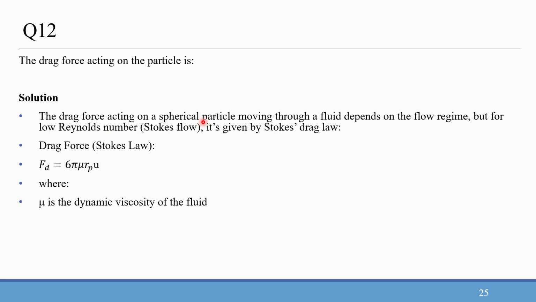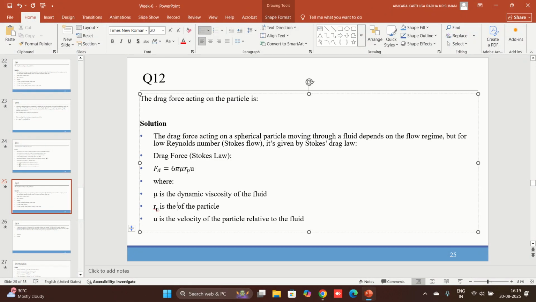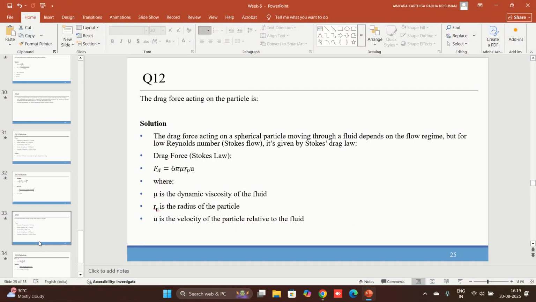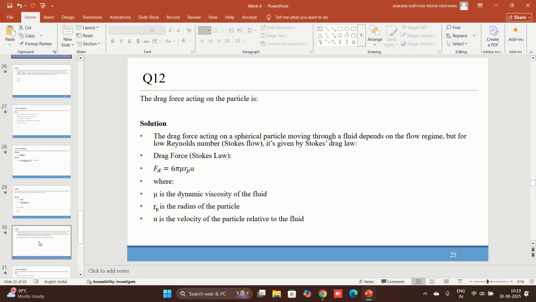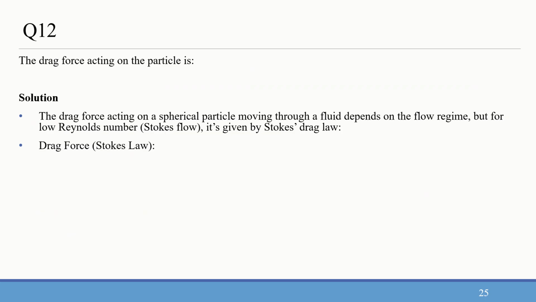Mu is the dynamic viscosity of the fluid, rp is the radius of the particle, and u is the velocity of the particle relative to the fluid. We have three more problems and a lot of time left, so we can go slow, not an issue. But anyway, this is the drag force acting on the particle.